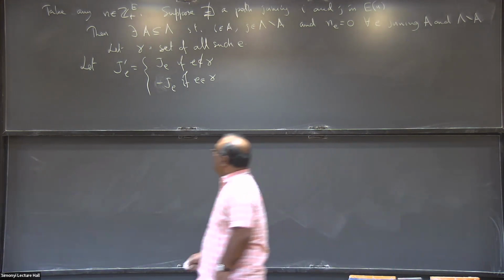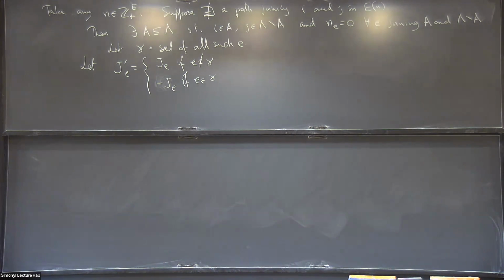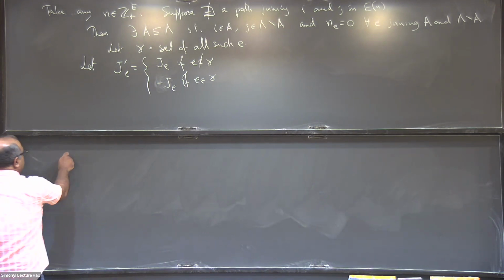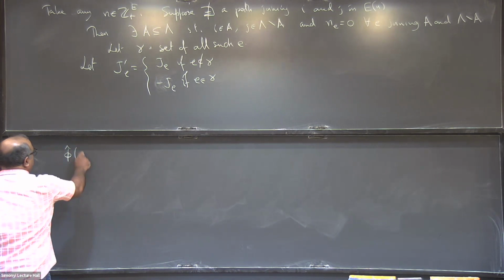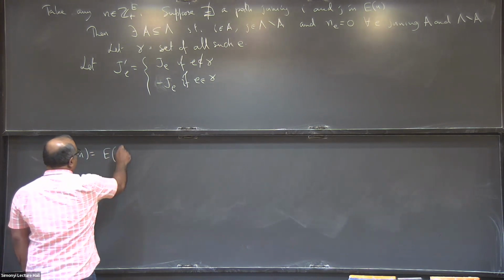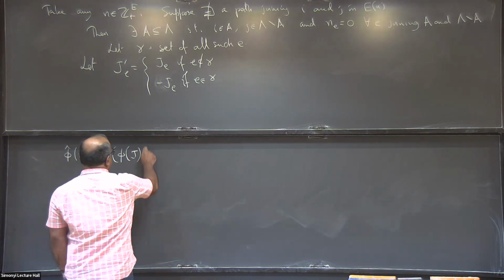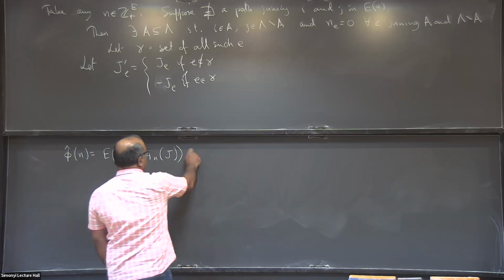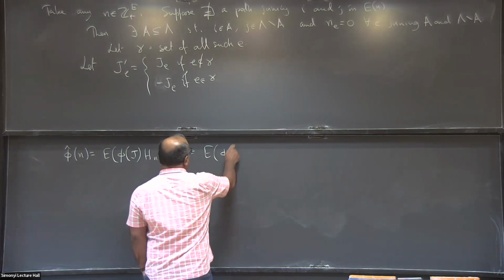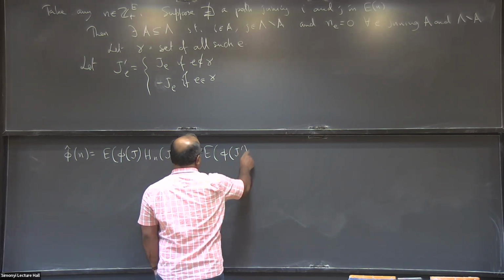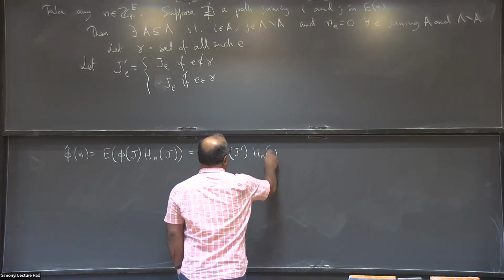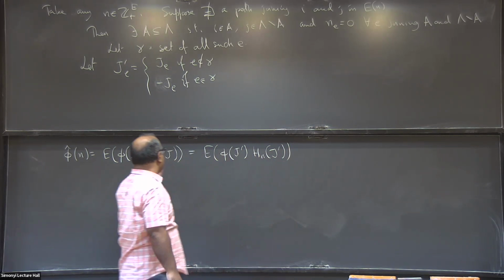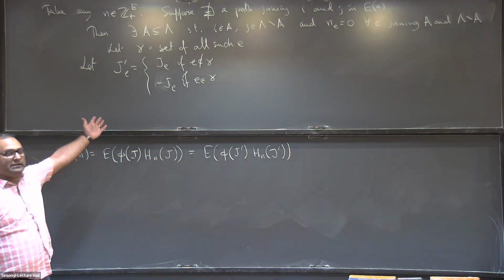Okay, so what happens here is that phi hat of n, remember, is the expected value of phi of j times hn of j, but it must also equal the expected value of phi of j prime times hn of j prime, because j prime is also a bunch of IID Gaussian random variables.